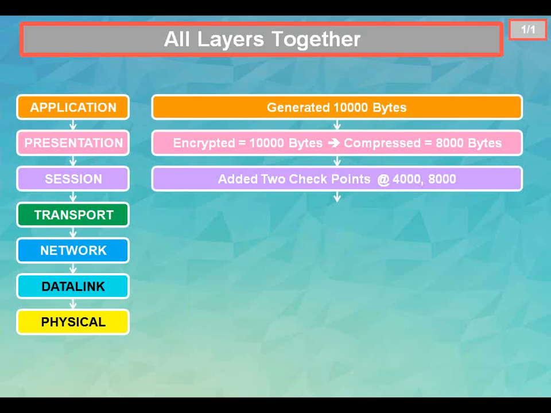Only up to 4,000. We don't need to retransmit from 0 to 4,000 again. If we need to start the retransmission, we start it from the previous checkpoint. What is it? 4,000. You understand? 2 checkpoints added by the session layer.